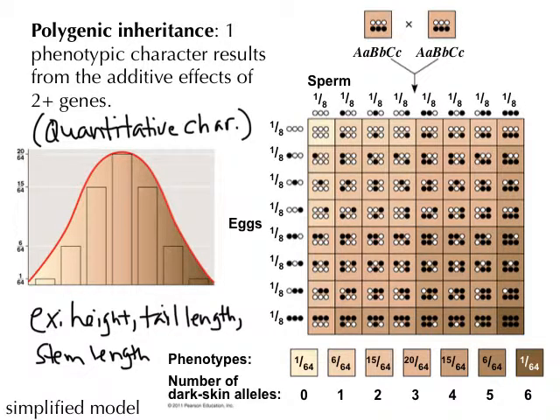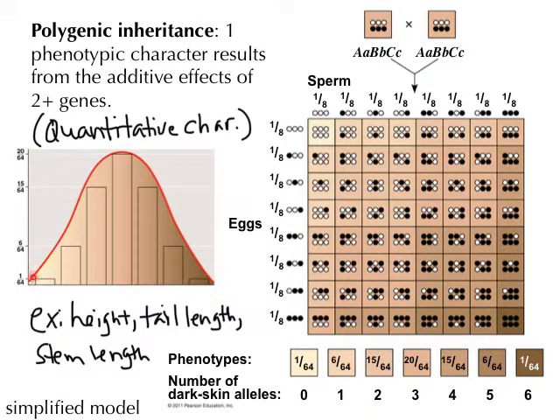Pleiotropy is kind of the opposite of polygenic inheritance. Polygenic means you have many genes, but one effect. So most of the time, polygenic inheritance is talking about quantitative characteristics, which means that you build up the amount of alleles and you have this kind of continuum of inheritance phenotypes.